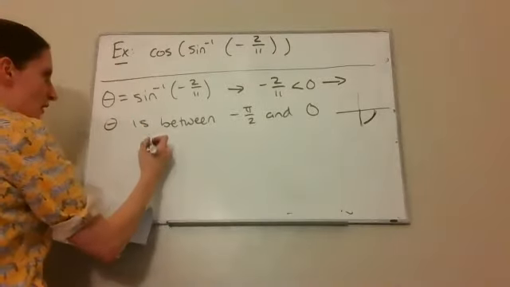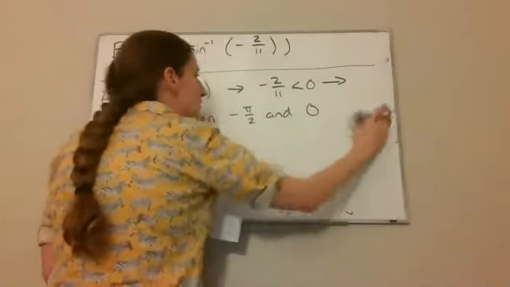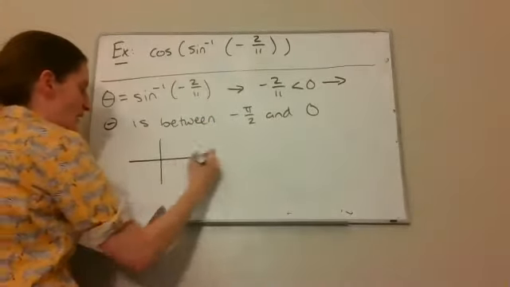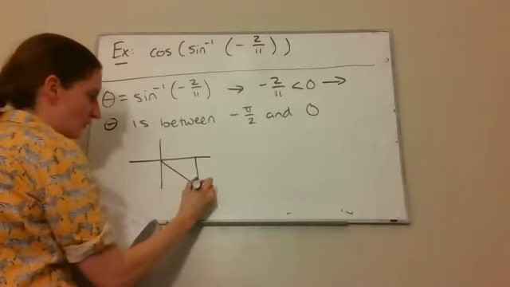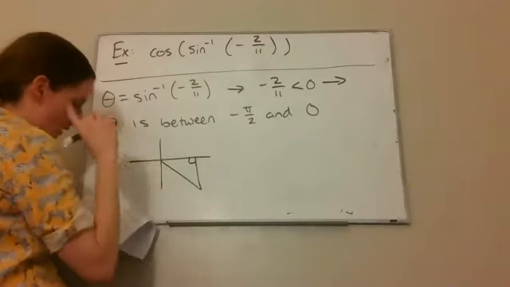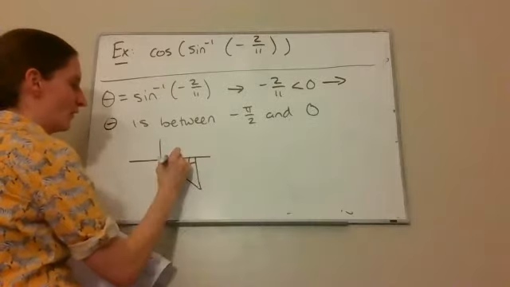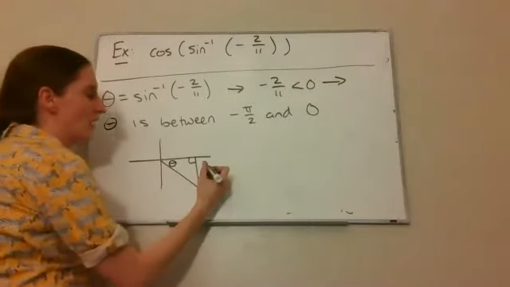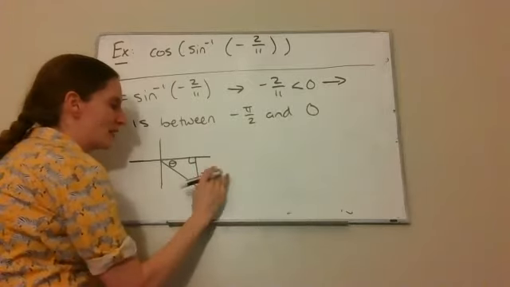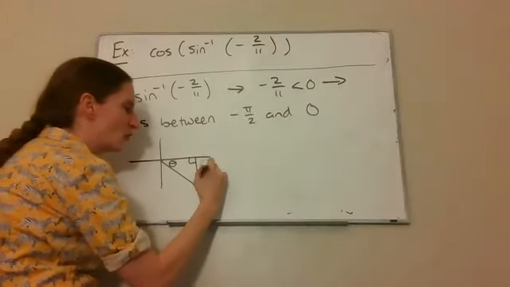So let me draw a triangle somewhere in this fourth quadrant. If this is my theta, some negative value theta, the opposite would be -2, but I'm just going to label it as 2.